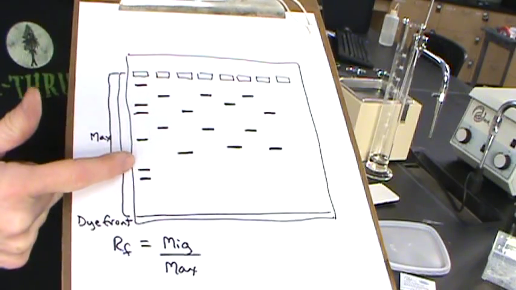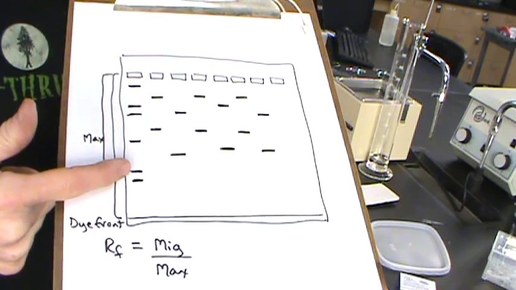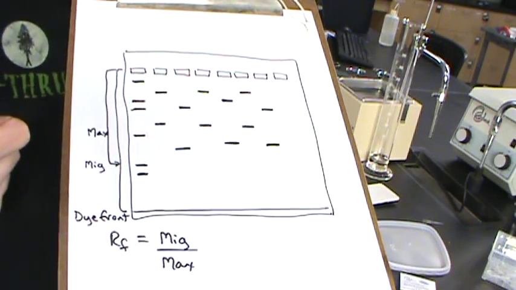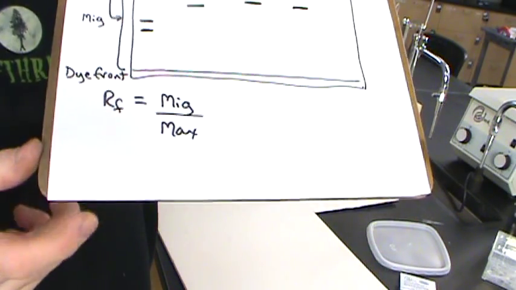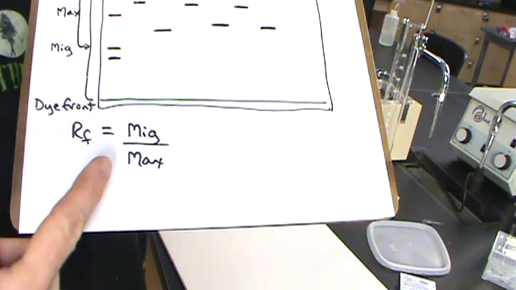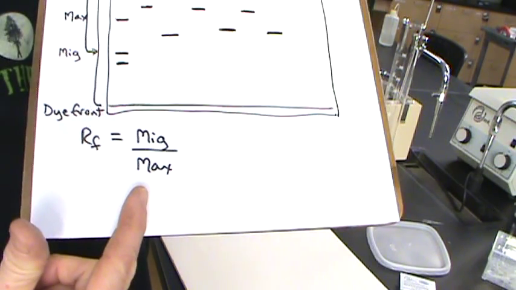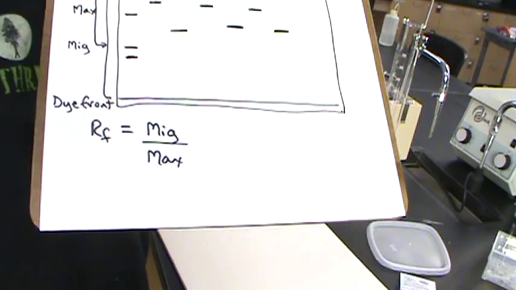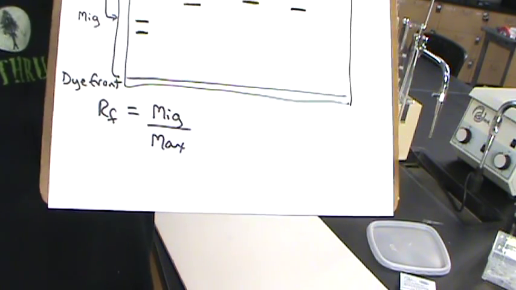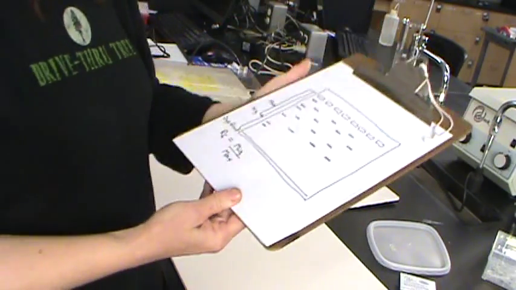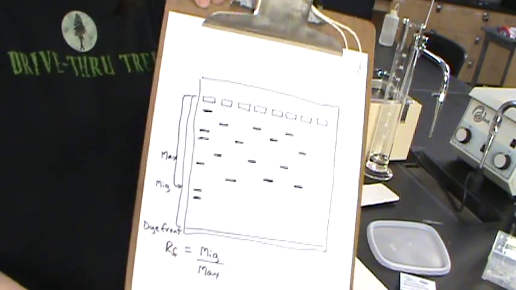When we measure from the well to our band of interest, let's say this band right here, that's our migration. To determine the RF, we divide the migrated distance by the max distance, and that gives us our RF, and it's always going to be less than 1. So you'll determine that for a number of these samples.